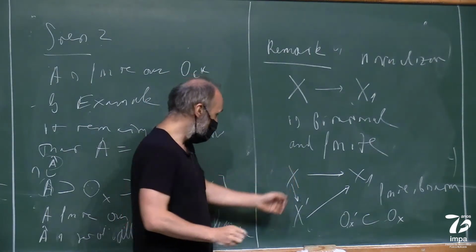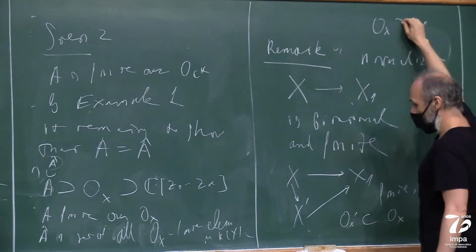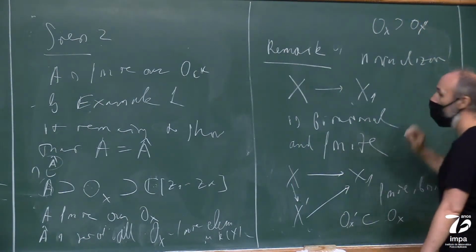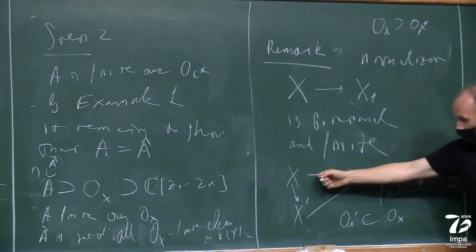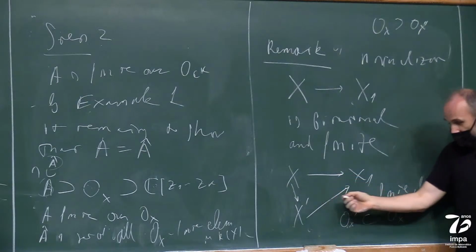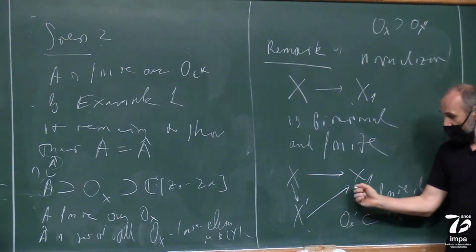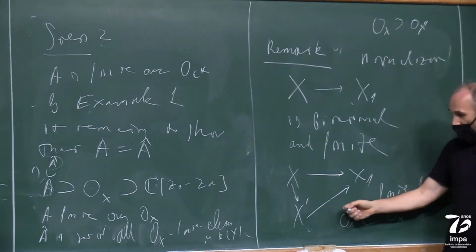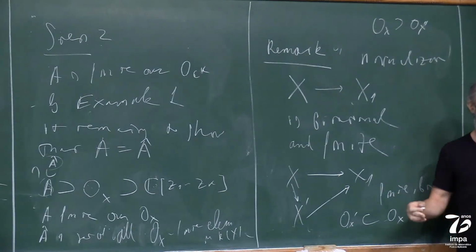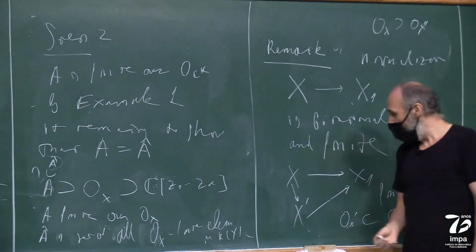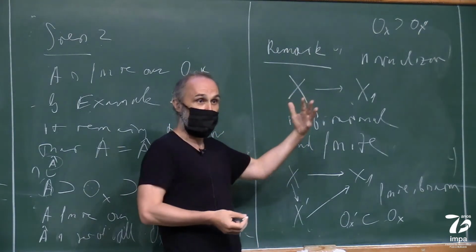Just because this ring OX contains OX prime, this gives you this map. And of course this diagram is commutative, because the corresponding ring of fractions contains all these three rings, and so it has to be commutative because they are contained in the same ring.